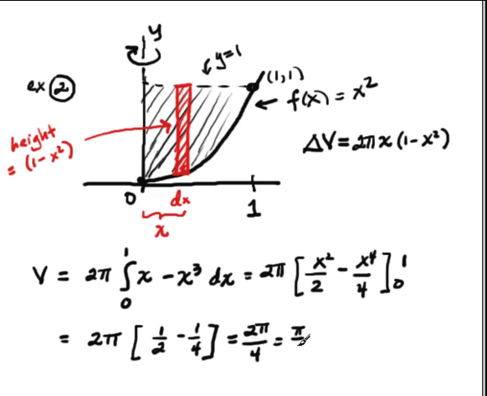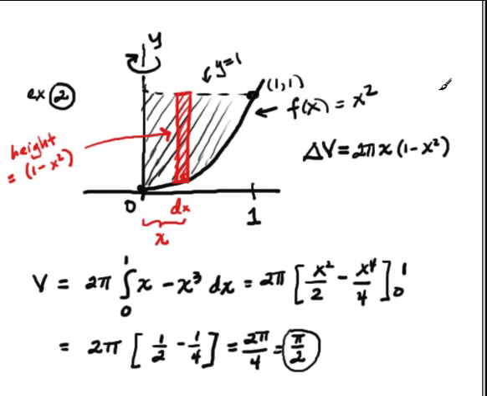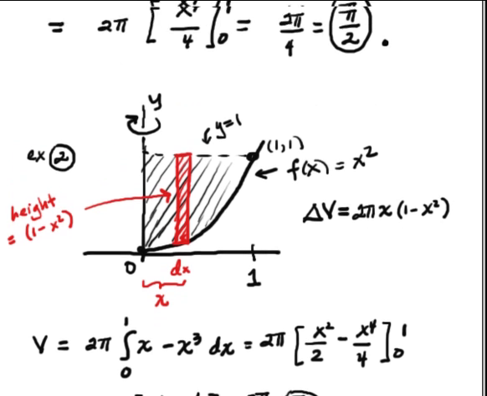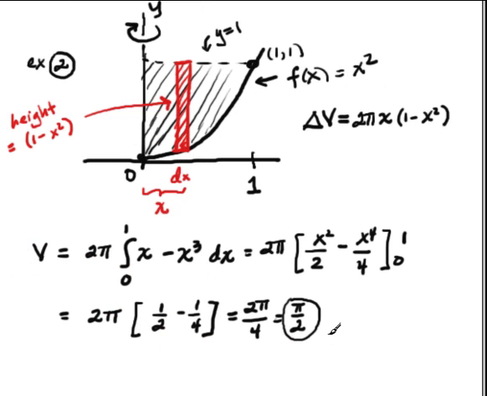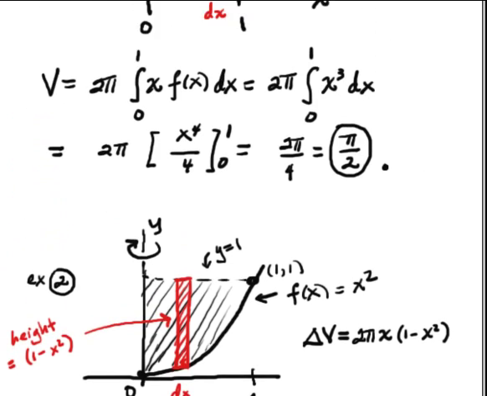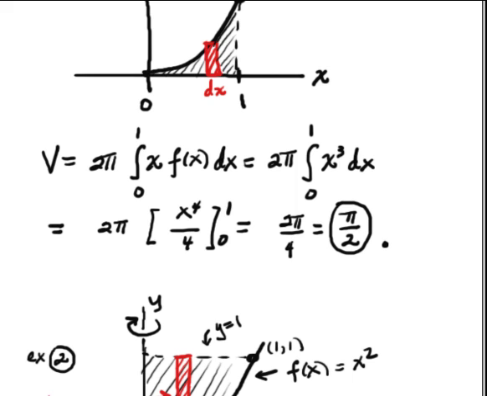All right, what answer did we get previously when we rotated the bottom, what's underneath the curve, around the y-axis? We also got pi over 2. So here we get pi over 2, and we compare it to the answer above, which is also pi over 2.